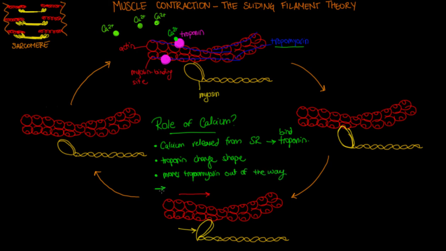So what's going to result now is that the myosin binding sites on actin are going to be exposed. And what's going to result? Well, this is going to allow the sliding filament theory to occur because the end result is myosin can now bind actin.